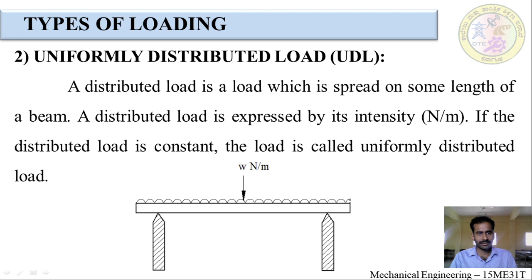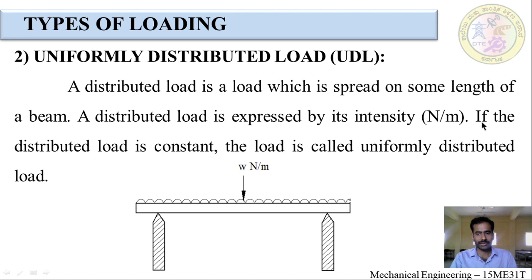And the second type of load is a uniformly distributed load. In short, we will call it UDL. A distributed load is spread over some length of the beam or over an area of the beam, and it is expressed by its intensity, that is, Newton per meter.